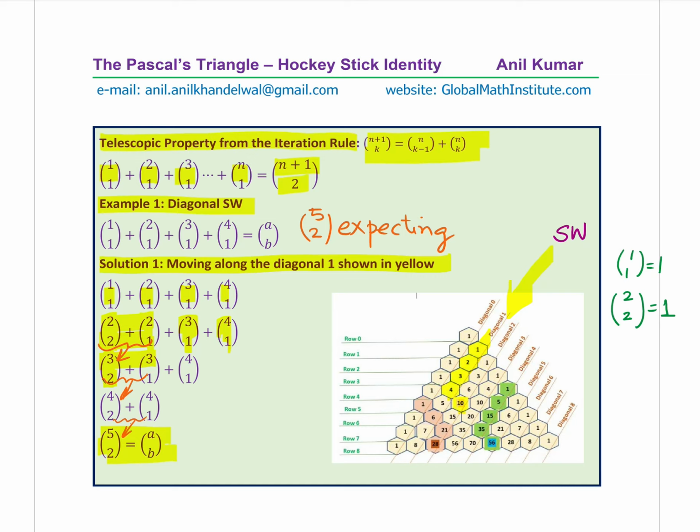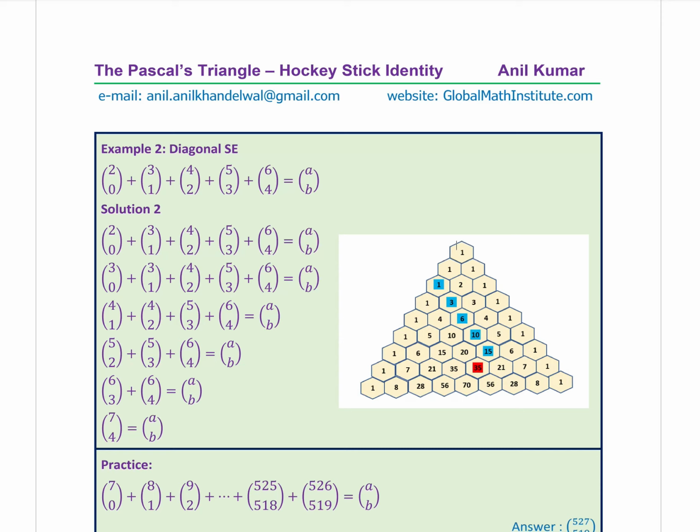Same thing will happen if you have something along the diagonal 4 as we have shown in green. So those will be similar results, right? Now let's take up another example in which we are going to move in the southeast direction. So here you can see I've highlighted these 1, 3, 6, 10, and 15.